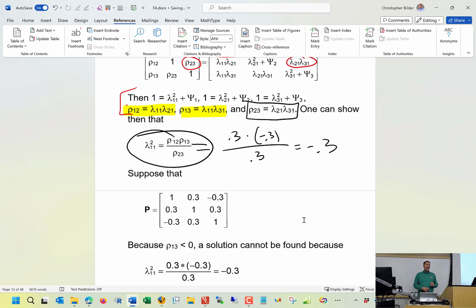Well, you can't have a squared value be equal to a negative. So a solution does not exist with this correlation matrix.